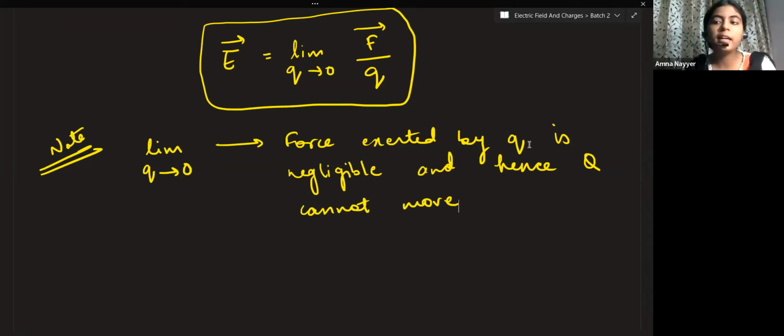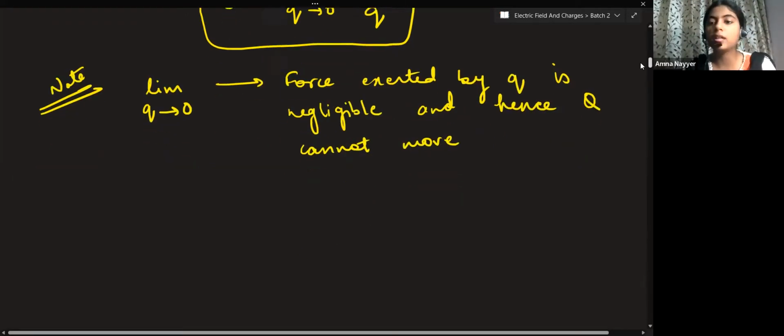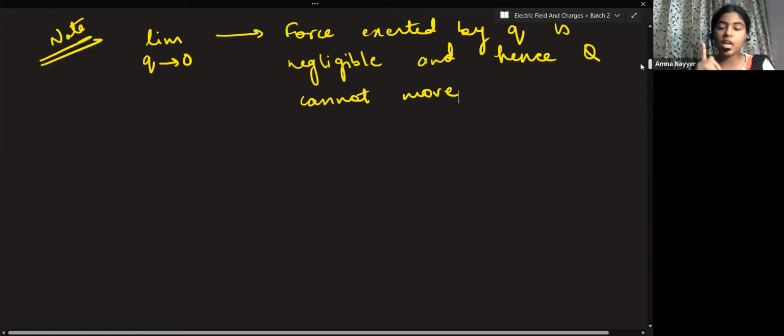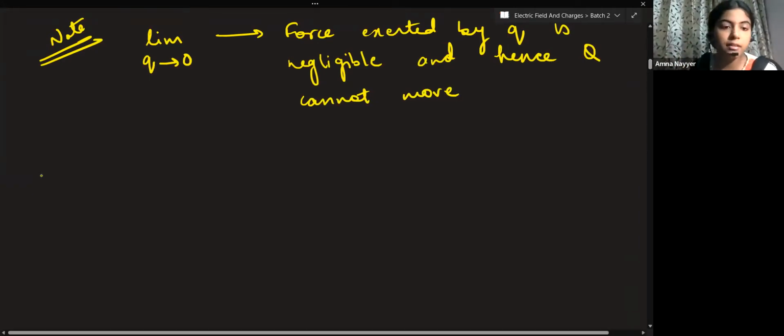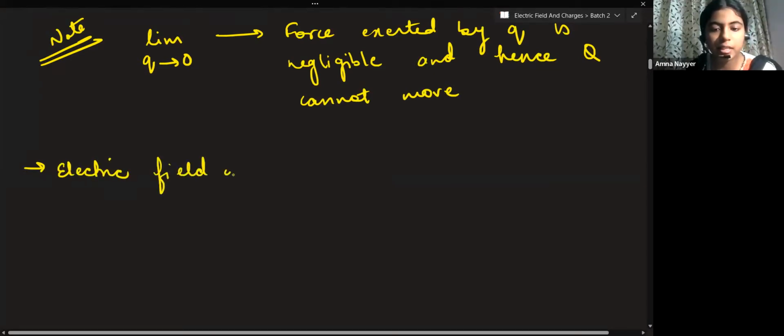One more thing, electric field is not a scalar quantity the way charge was. Only electric charge is a scalar quantity. Electric force and electric field, both of these phenomena are vector quantities. Electric field is a vector quantity.